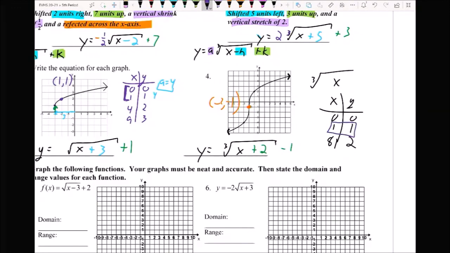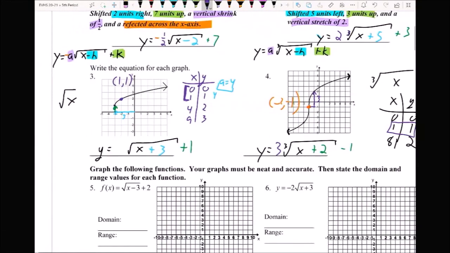If I look at this relative position, it's 1, 1, 2, 3, which means that I had to multiply this times 3. So my A value is 3. And it is going the correct direction, so there's no negative. So there we go. Y equals 3 times the cubed root of x plus 2 minus 1.